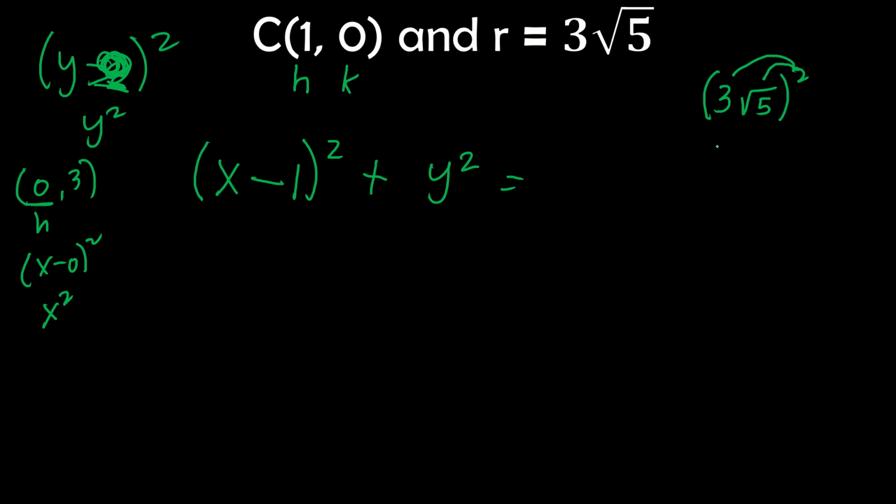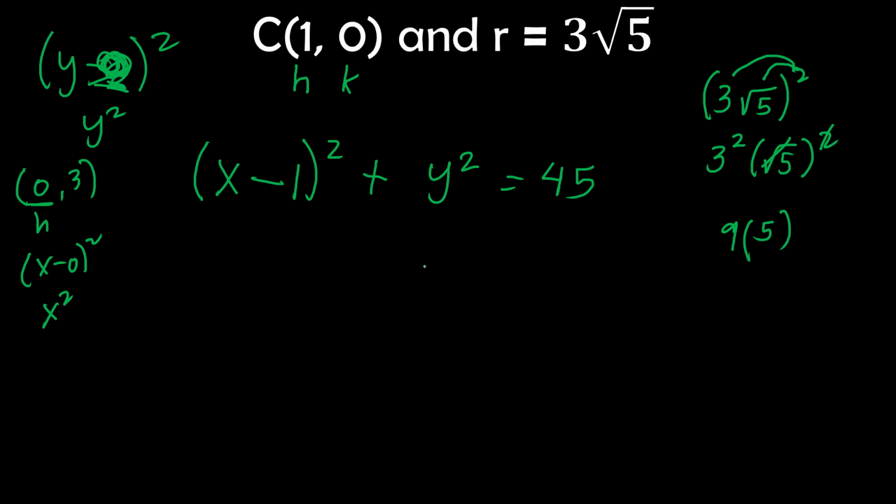So we will have 3 raised to 2 times the square root of 5 raised to 2. 3 raised to 2, 3 times 3 is 9 times the square root of 5 raised to 2. So this will be cancelled out. Mawawala rin yung square root, mawawala rin yung squared. Matitira ay 5. And 9 times 5 is 45.